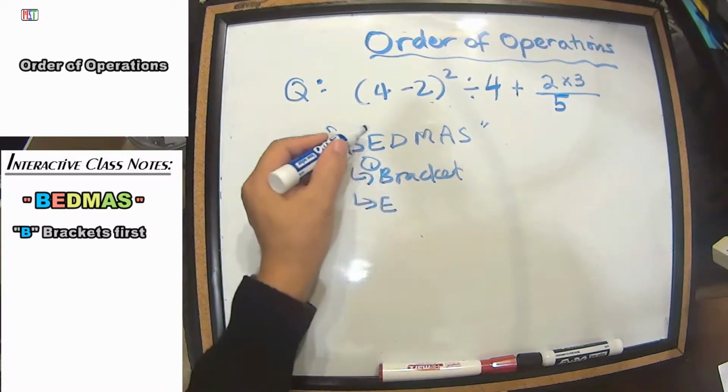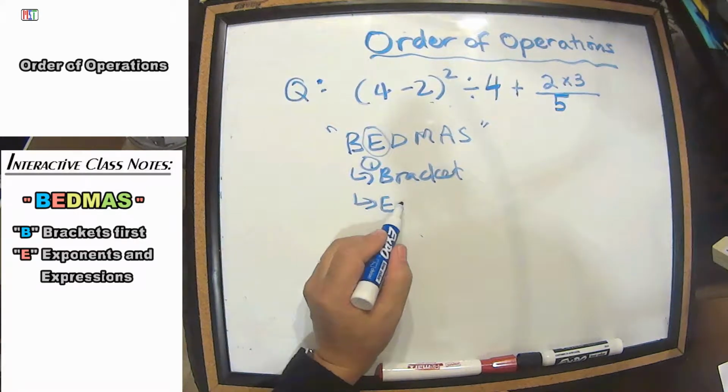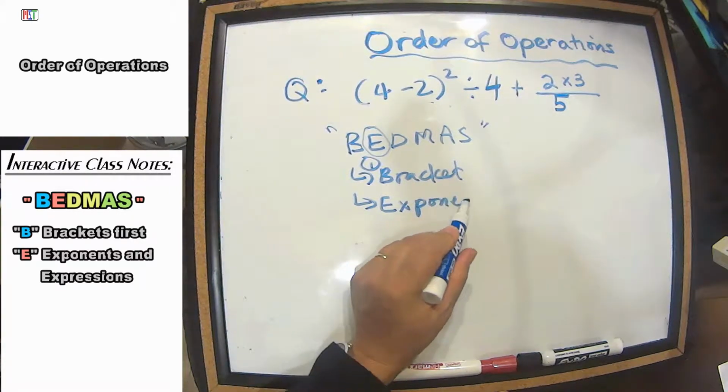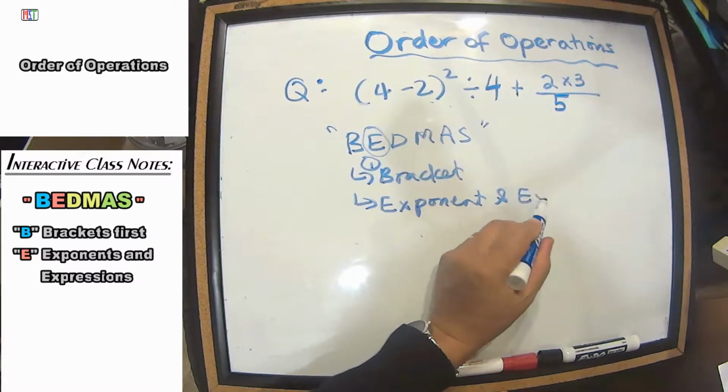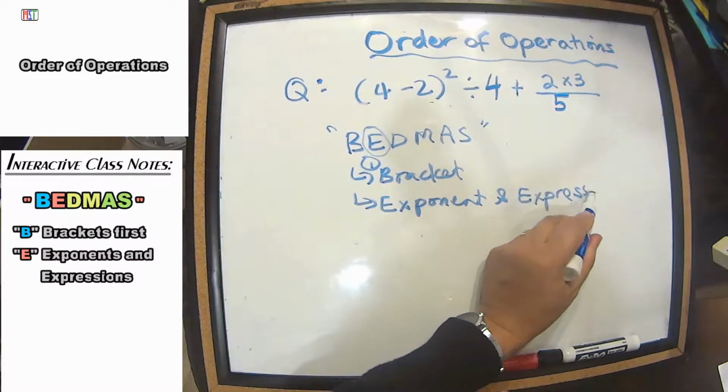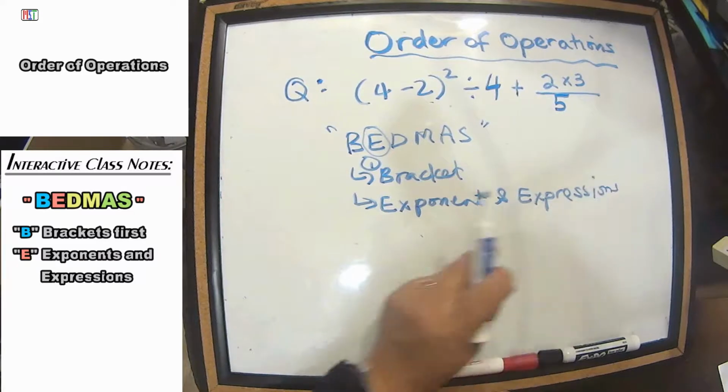Number 2, E. This one here is exponent, as well as expression. Now why I said that is because there are other expressions other than exponent.